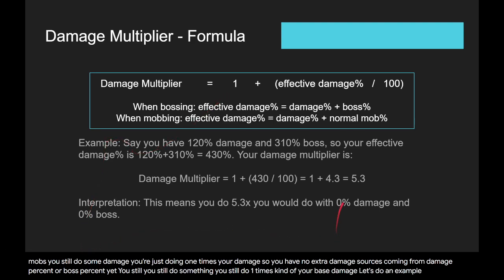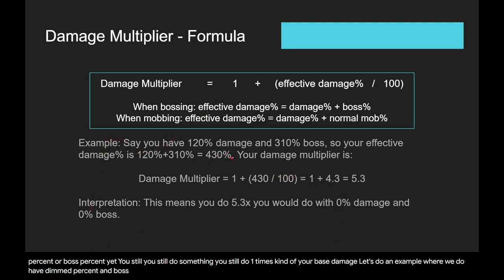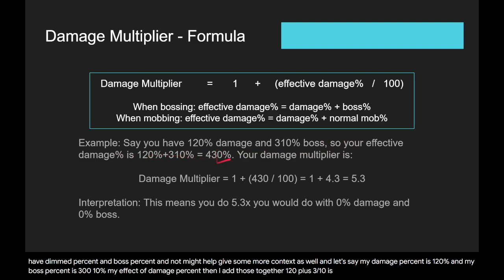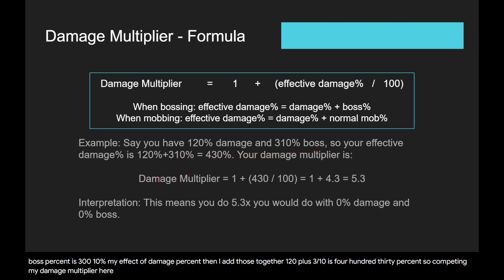So let's do an example where we do have damage percent and boss percent, and that might help give some more context as well. Let's say my damage percent is 120% and my boss percent is 310%. My effective damage percent, then, I add those together, 120 plus 310 is 430%. So computing my damage multiplier here, my damage multiplier is 1 plus 430 divided by 100, so 1 plus 4.3, which is 5.3.